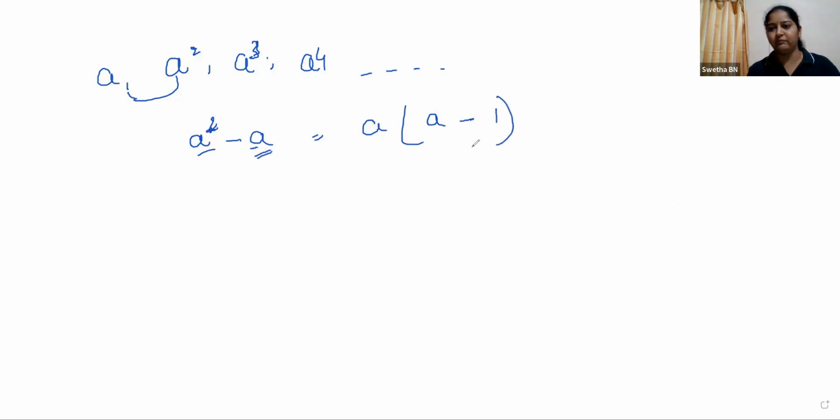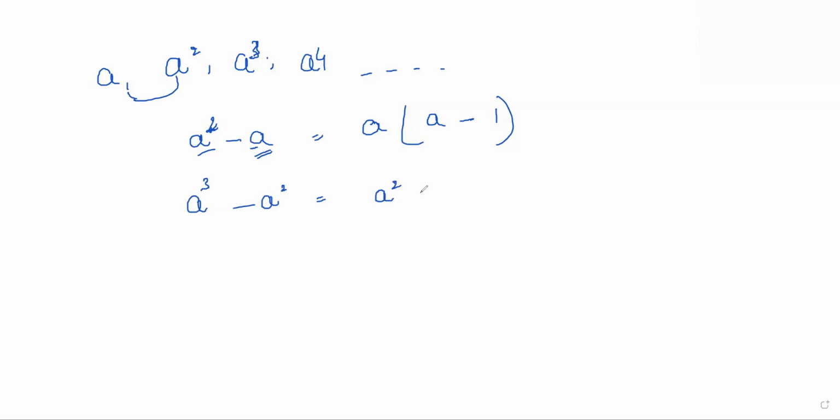You know how to factorize numbers like this? Panchami and Shreya, in algebra you have already done it like this, in the factorization lesson. Yes, this is a into a minus 1. What about a to the power of 3 minus a square? What is common here? a square is common.